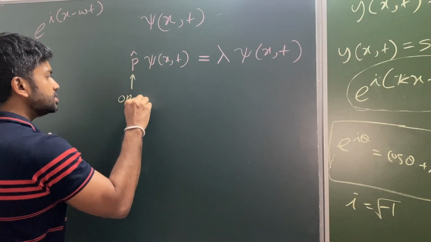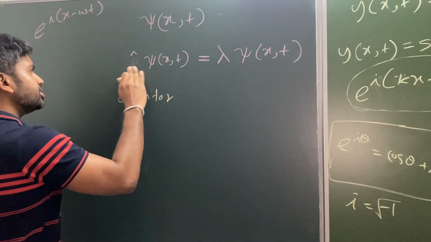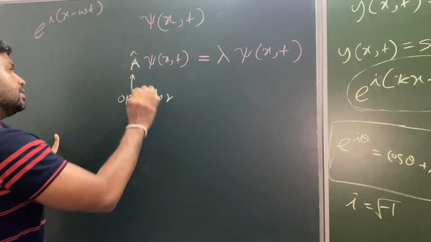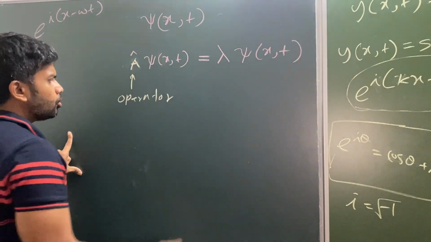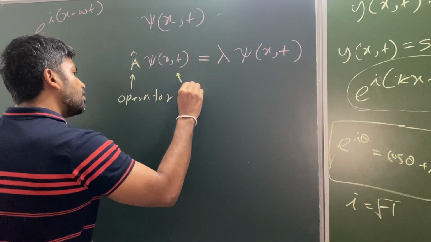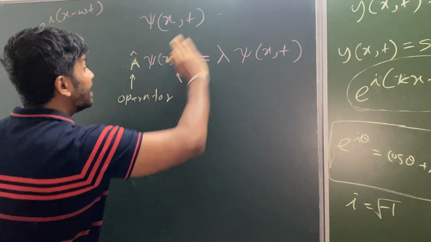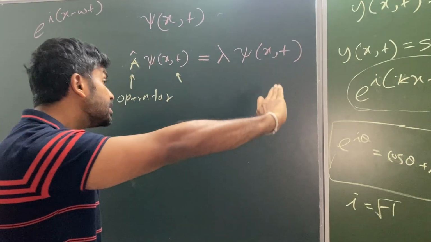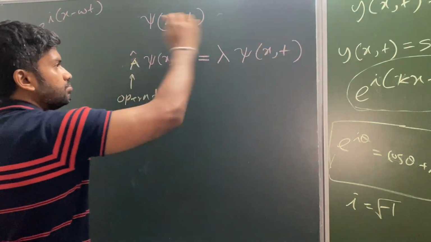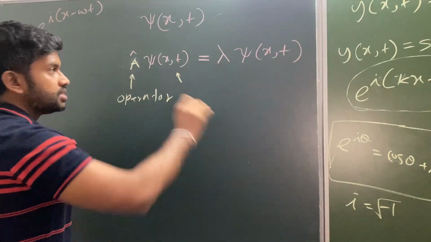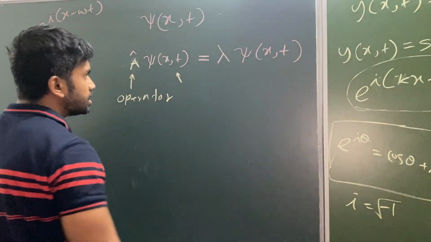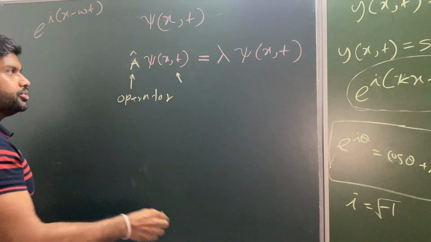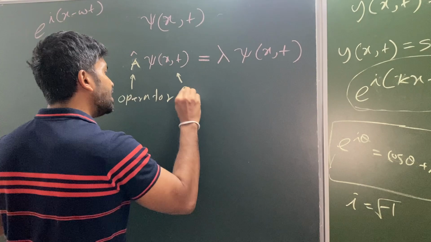This one represents the operator, for example momentum, or A. Here I chose the momentum previously, but this is any operator. A could be any operator, and this is whatever the function is. If you can write it like this, it is simply an eigenfunction. But not every function satisfies this format. Some functions can't ever be written like this, so those are not eigenfunctions. But if you find an eigenfunction, you can just write it like this. So this is an eigenfunction.